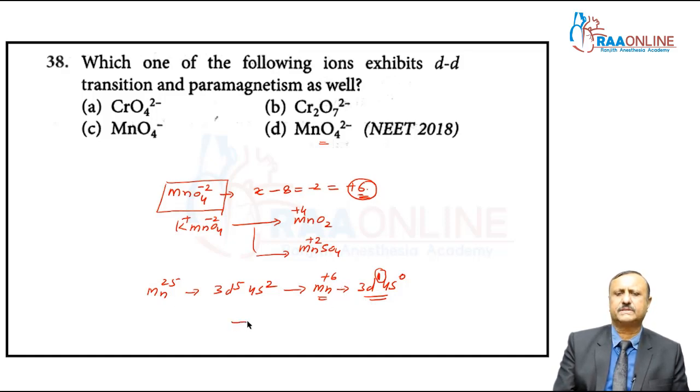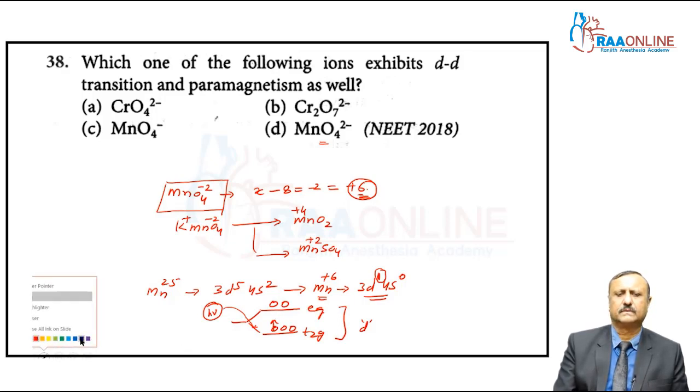So here d-d transition takes place. There are 3 orbitals in T2g and 2 orbitals in Eg. When the 1 electron present in T2g absorbs energy in the form of quanta, it goes to the Eg orbitals.